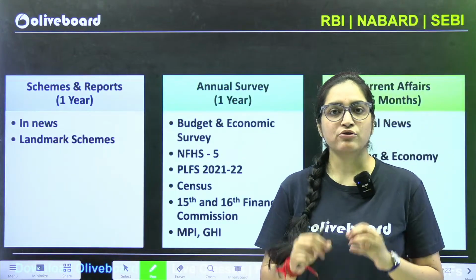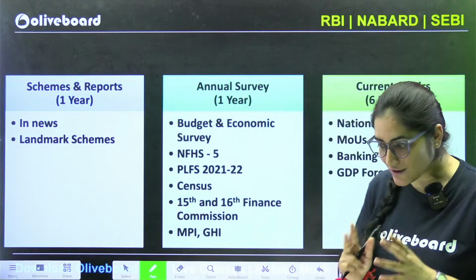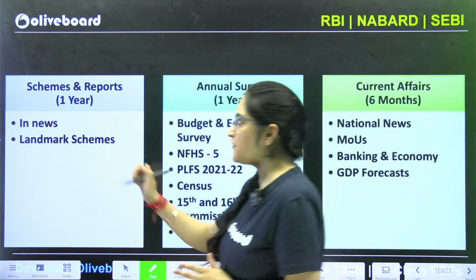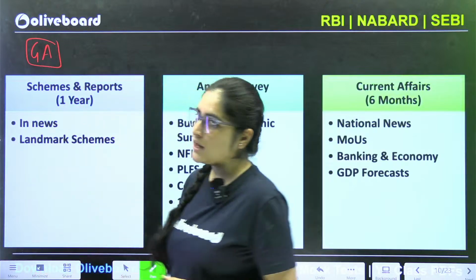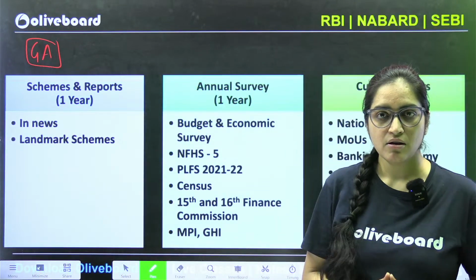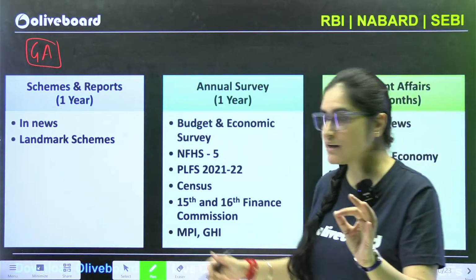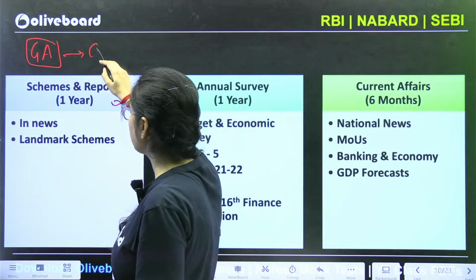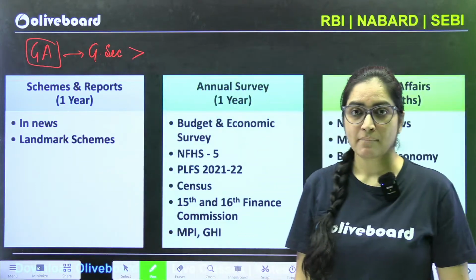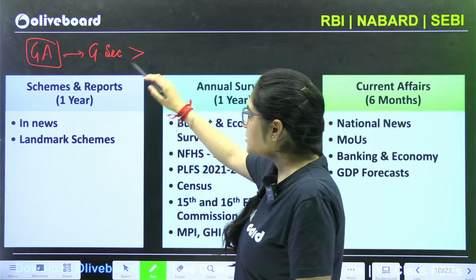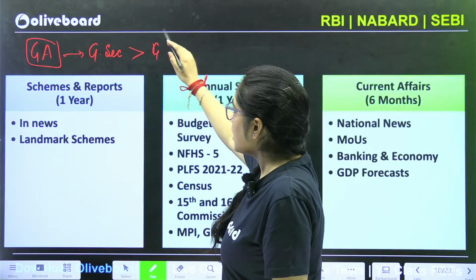Now with respect to your GA portion. Now if I talk about GA specifically comprises of your multiple topics. Going ahead by the last year paper, the maximum dedicated portion that was there in the examination was from government schemes. Then after government schemes, it was your RBI circular.